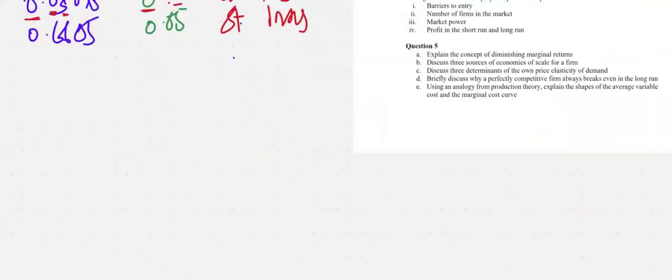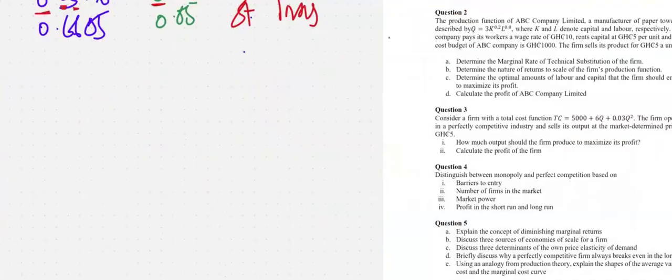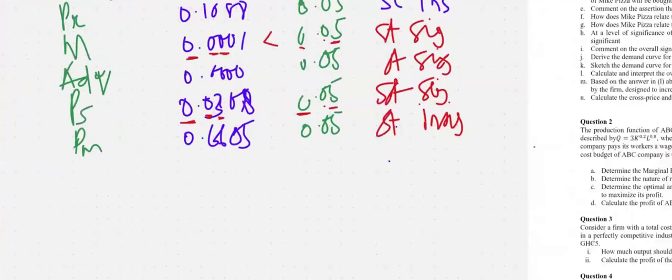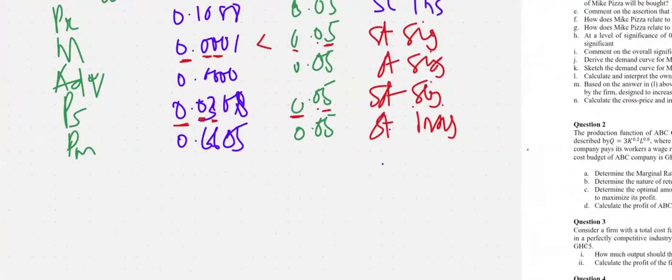The question says at a level of significance, determine which of the variables are statistically significant. You always put this in a table, make it in a tabular form. All right.